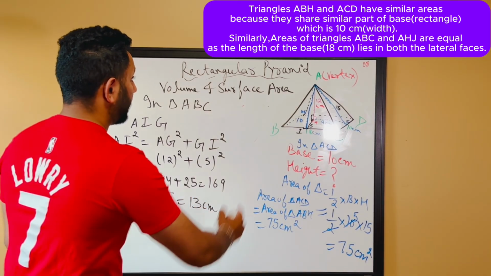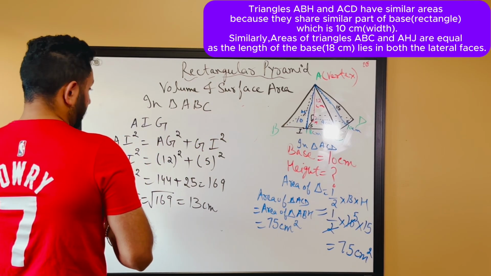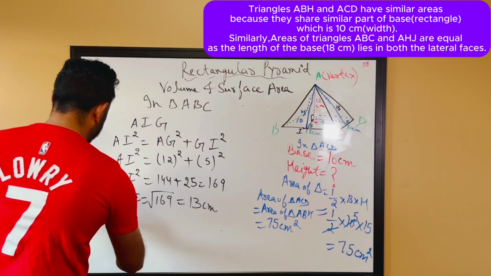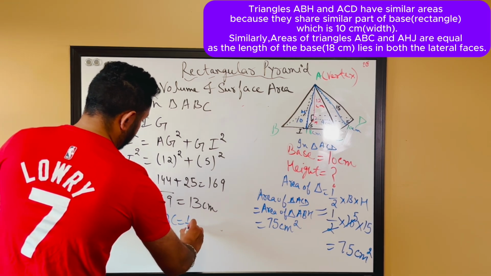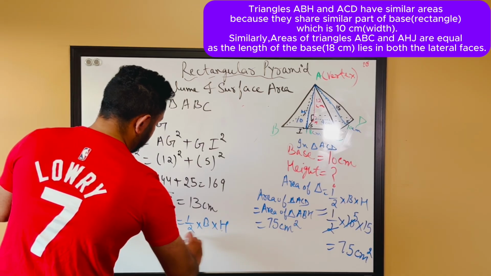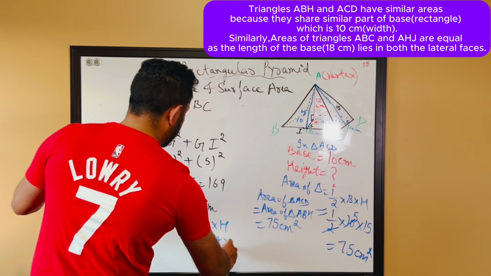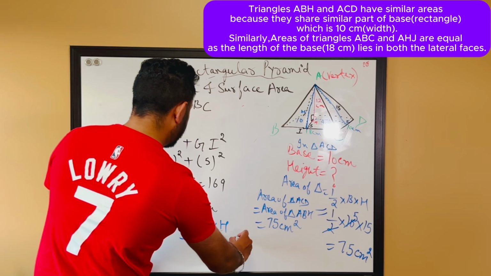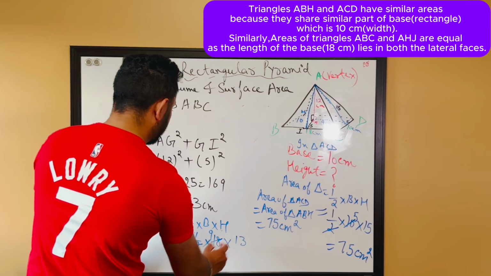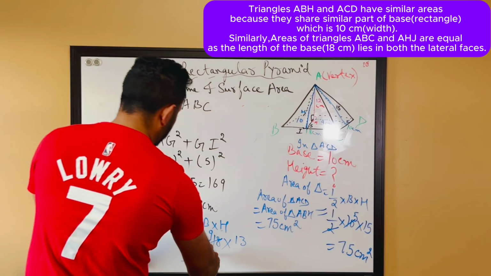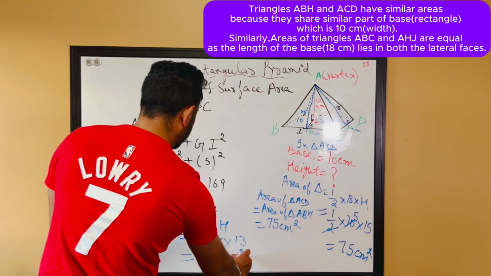That means our slant height is 13 centimeter, and so the area of triangle ABC is half base into height, and what is base? 18, and the height is 13, which we just calculated. So 13 into 9, it comes out to be 117 centimeter square.